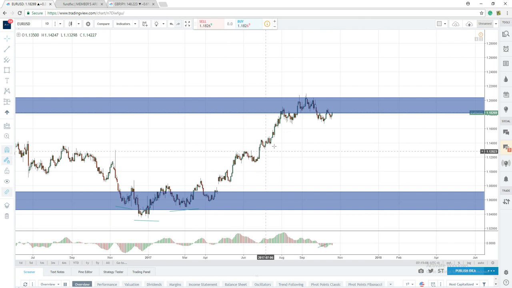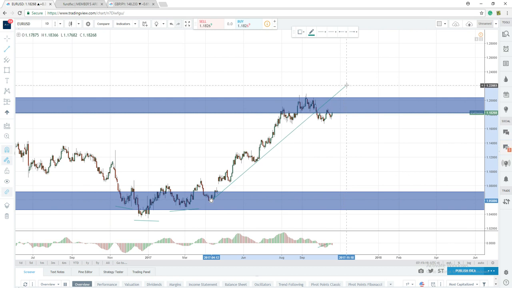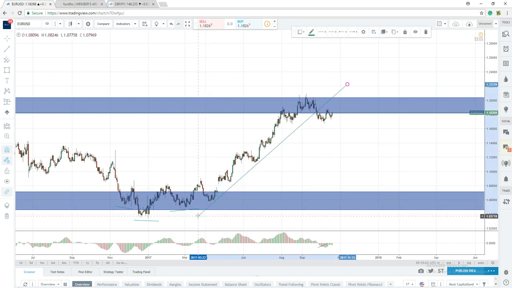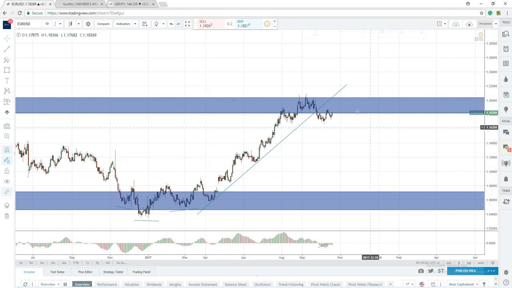Made its waves up, and it's now forming some sort of head and shoulders pattern here as well. But firstly, let's plot our trend lines. There's from the lows, let's line it up. There we go. So now we have a possible trend line that's been broken and retested.